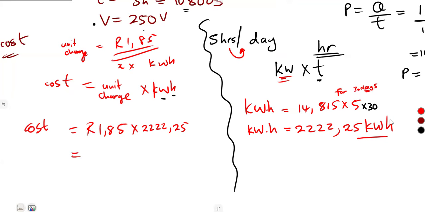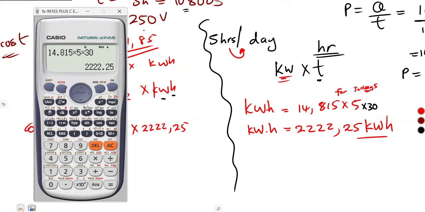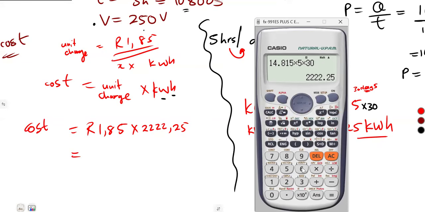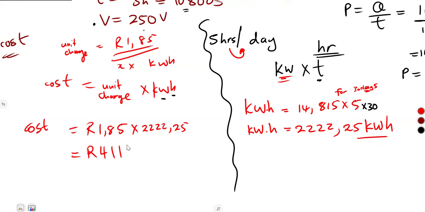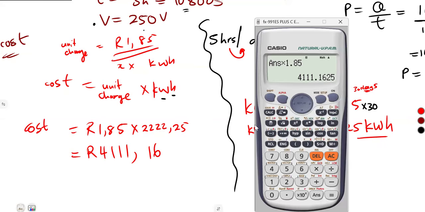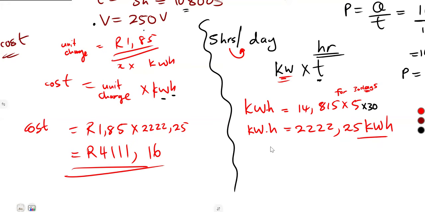So we have the total cost from that. Let us multiply this one as it is times 1.85. So this is what you're going to get: 4,111.16 to 2 decimal places, 16 rand. So that is the cost in a month.